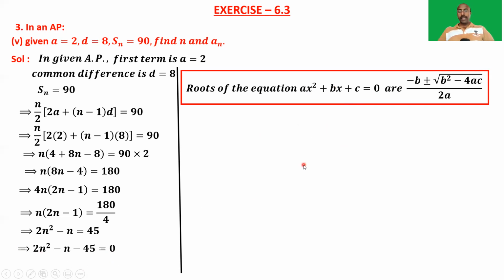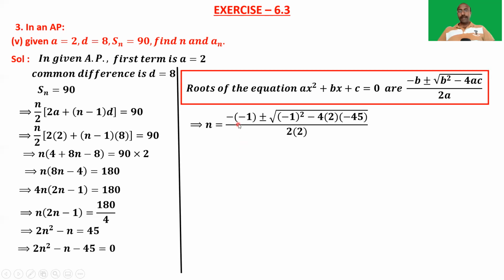So now n is equal to minus b plus or minus under root b square minus 4ac, by 2a. That is, minus of b is equal to minus of minus 1, plus or minus under root (minus 1) whole square minus 4 into a, which is 2, and c, which is minus 45, by 2a, that is 2 into 2.